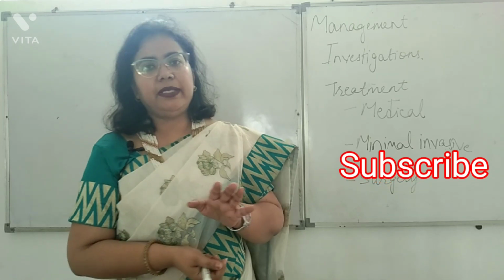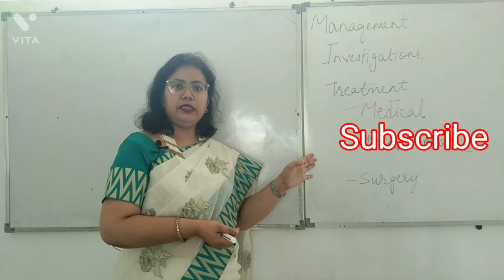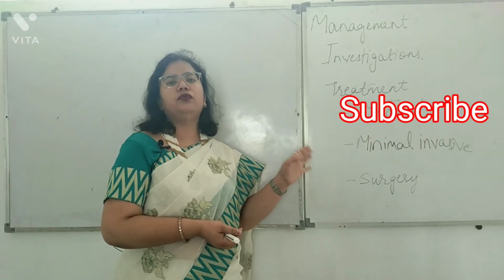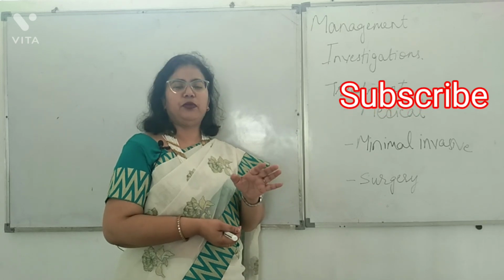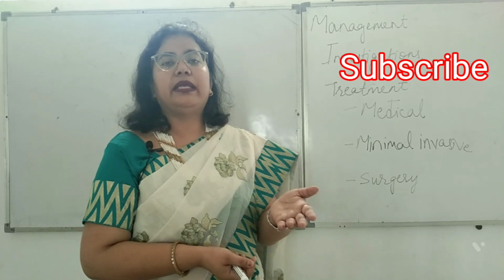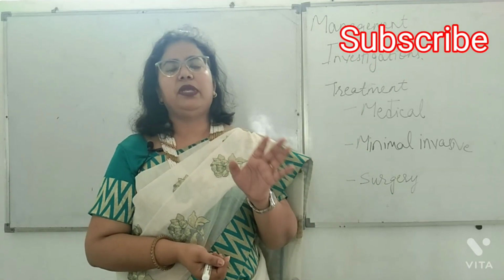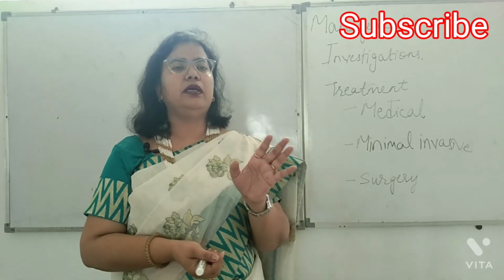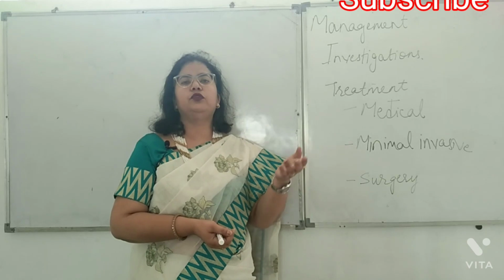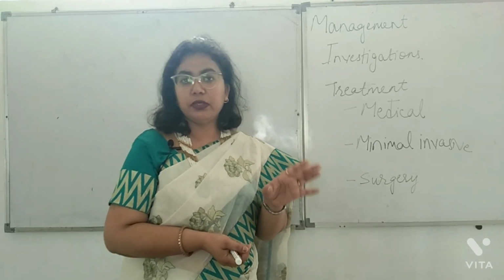Then you have to explain to her, we will first treat that part of your infertility, maybe you get pregnant, and if even after treating that part you are not getting pregnant, then we will subject you to myomectomy, because during myomectomy the need may arise that we need to perform a total hysterectomy. So make this very clear to the woman and her husband. Don't make haste to put her to a myomectomy seeing a fibroid in the ultrasound report.